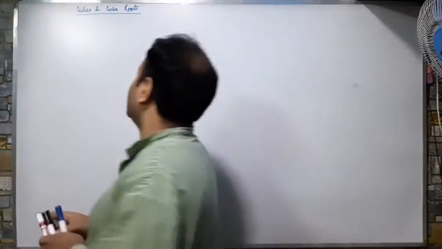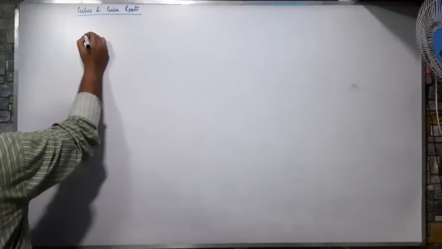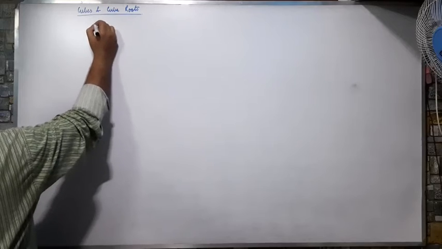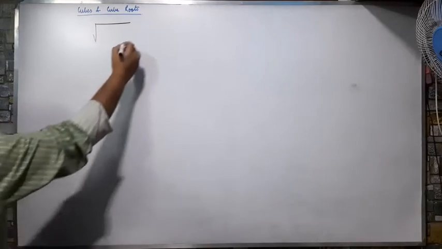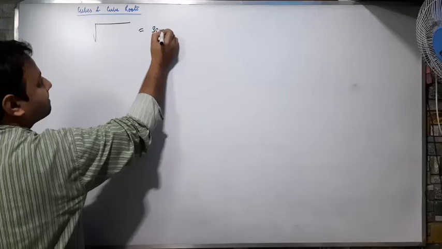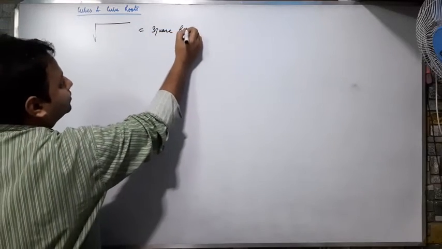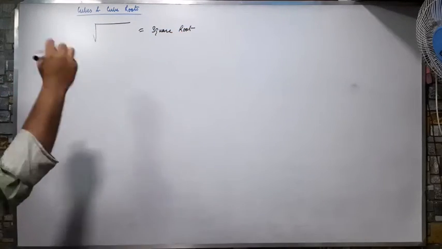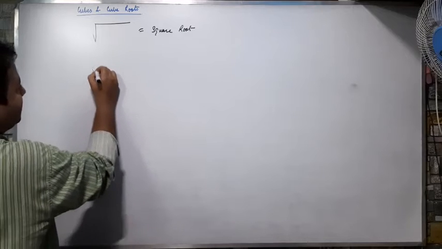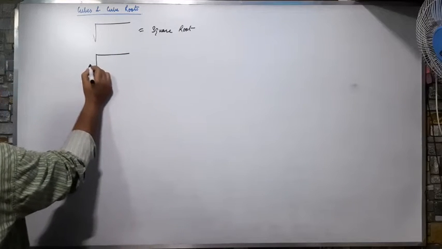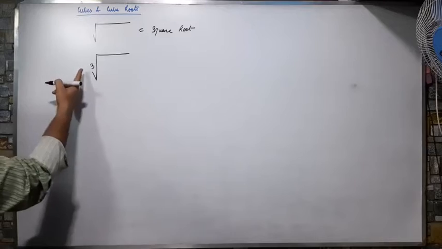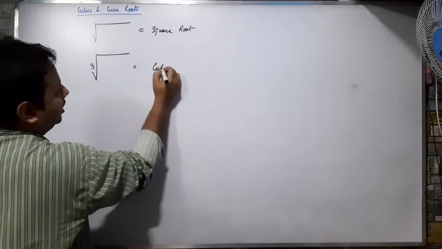For squares, whenever we wrote square root, we just put the symbol like this. But if I have to write cube root, I will put the similar sign, but I will write a 3 over here. This is called the cube root.